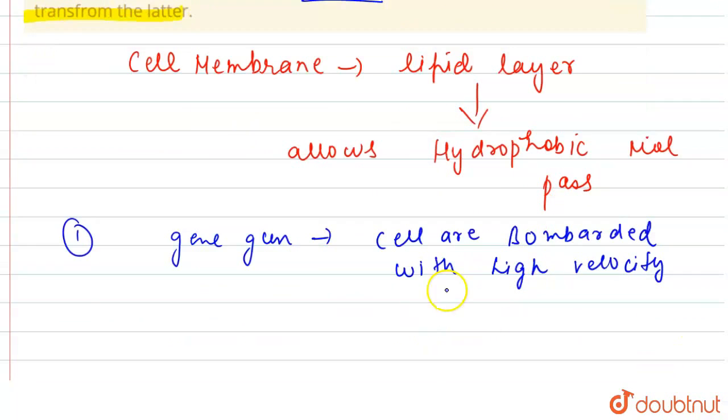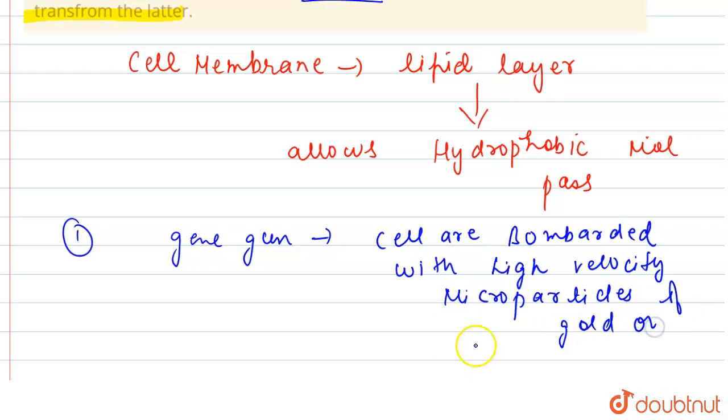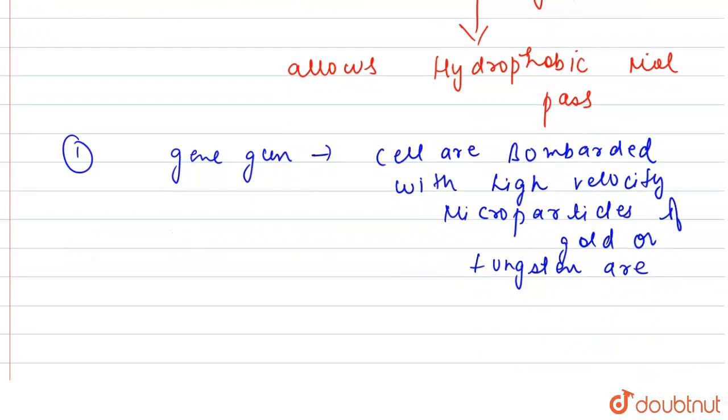These microparticles are bombarded right towards the cell, and they are of gold or tungsten, coated with DNA. So along with this particle, the DNA also enters the cell. This is the first method.